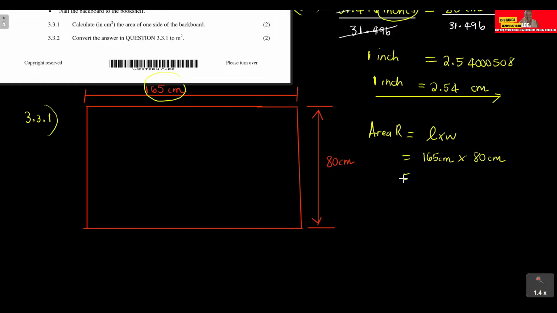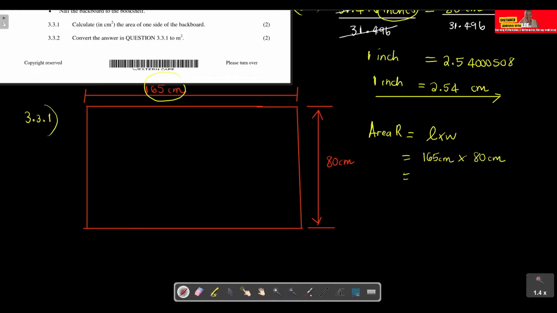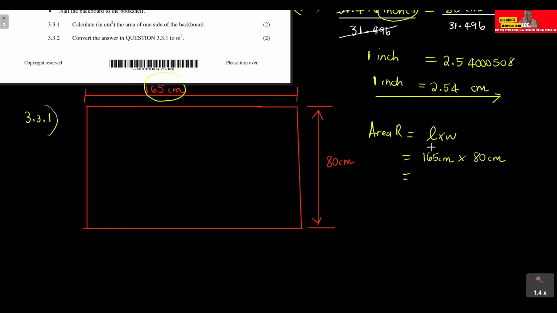So if you punch that into your calculator, you will see that we've calculated the area of the backboard, and the area of the backboard is equal to 13,200 centimeters squared.